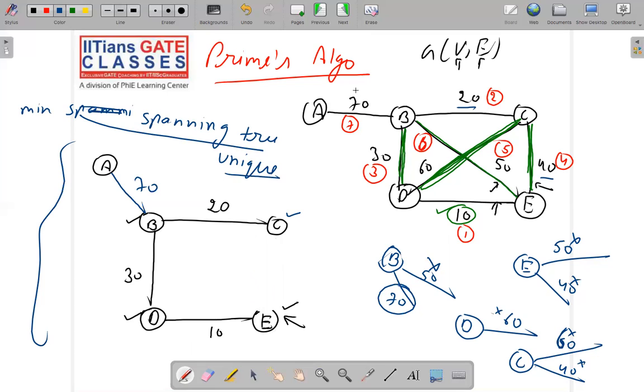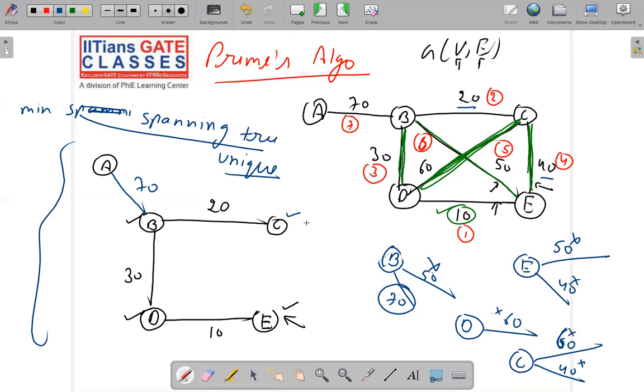Sometimes they may ask you in the exam, if we have a distinct edge weight at each edge, will there be more than one minimum spanning tree? No. The minimum spanning tree will be unique, whether we apply Prim's algorithm or Kruskal algorithm. It doesn't make a difference.